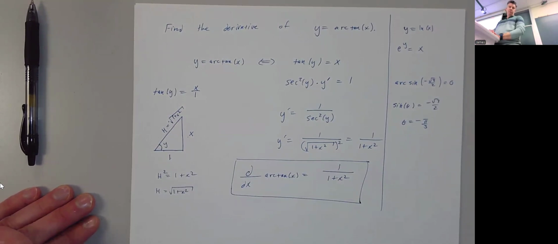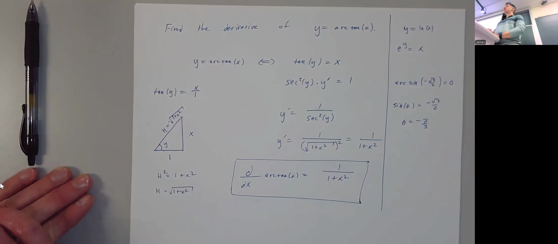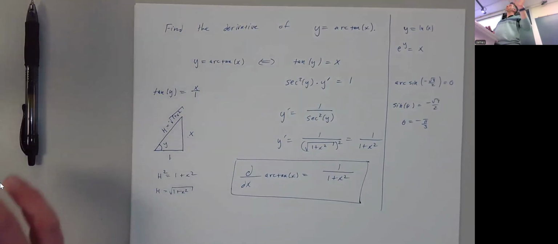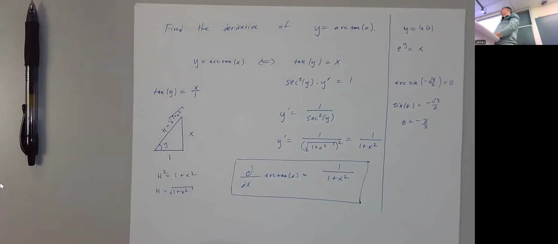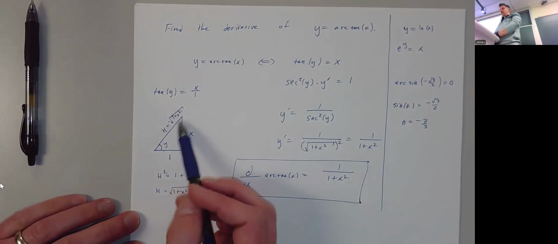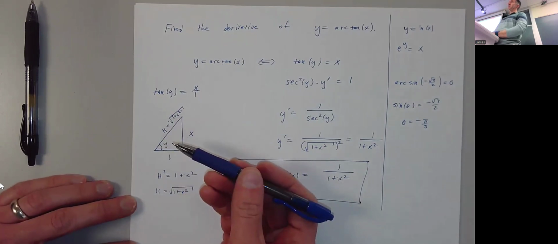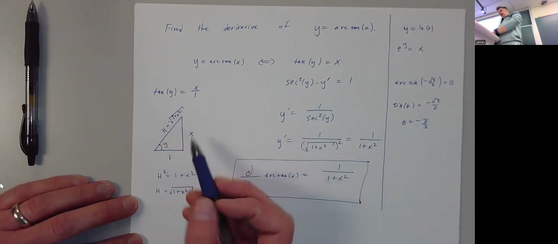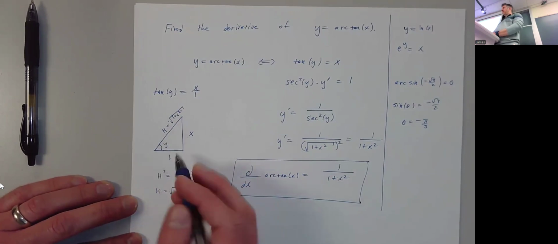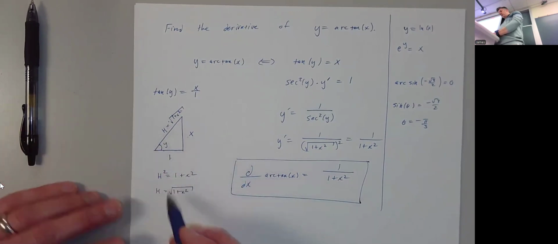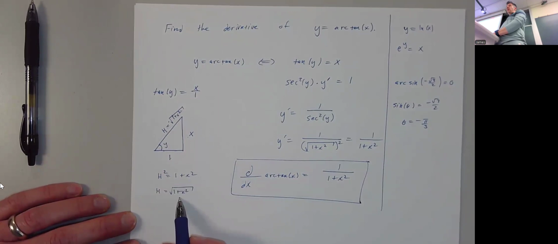Now, a couple notes here. Technically, I kind of glossed over a point or two, specifically about the domain and range. When I found this hypotenuse length, I could have had a plus or minus. If I ignore the triangle, this could be plus or minus the square root of 1 plus x squared.